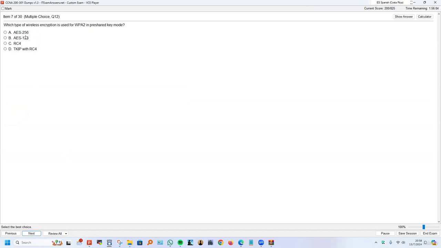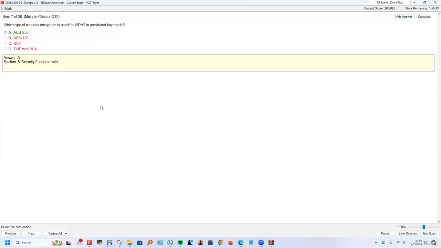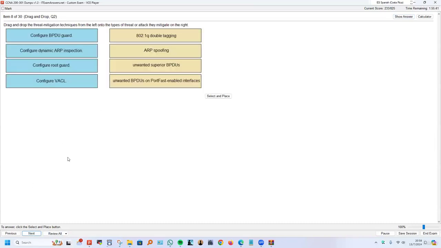If I'm not mistaken, it is option B, but let's just double check on that one. It is option A. I was mistaken. So, which type of wireless encryption is used for WPA2 in pre-shared key mode? AES-256 is the correct answer. I was incorrect there, selecting the wrong one.